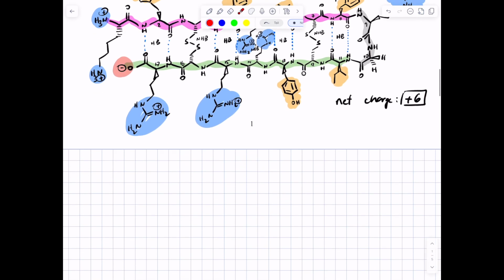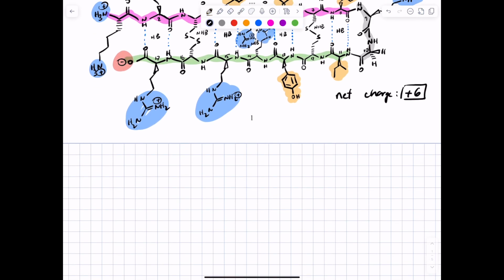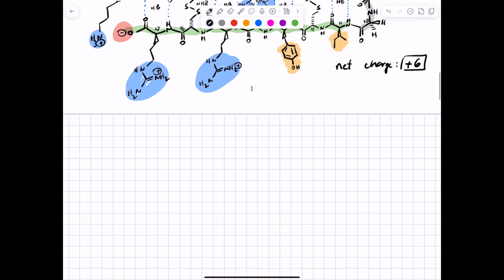Now let's talk about why that might be antimicrobial. This is a review. Do you remember that we talked about bacterial membranes being made of diacylglycerols, where R is a long hydrocarbon.